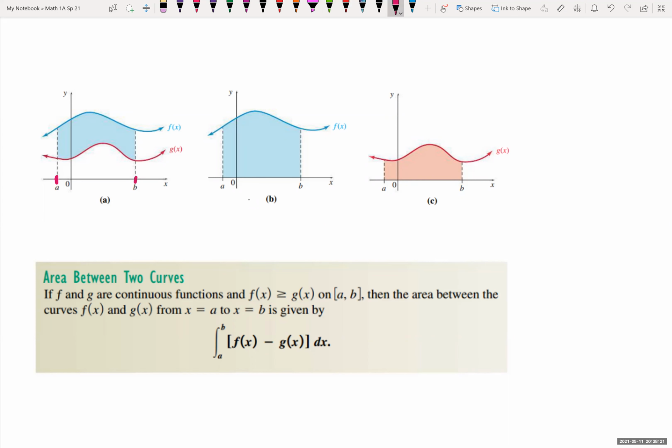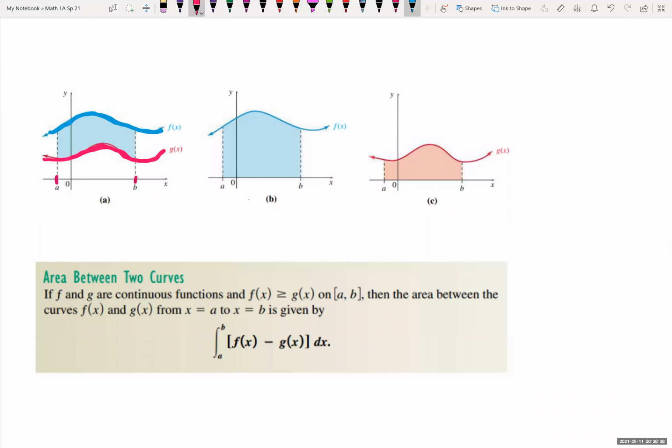And so if we're trying to find the area from a to b, notice that this function f of x in this picture, those y values are bigger than the function g of x between x equals a and x equals b.